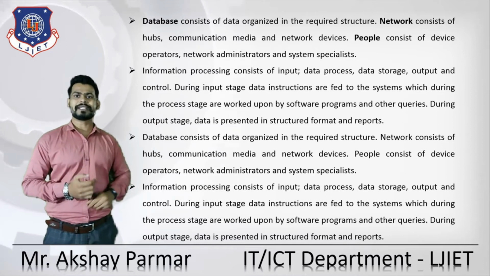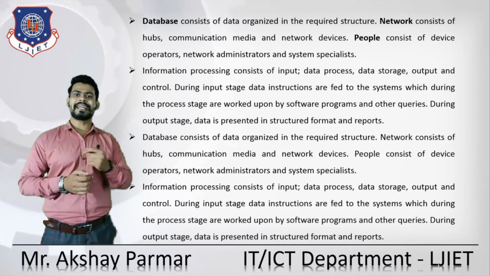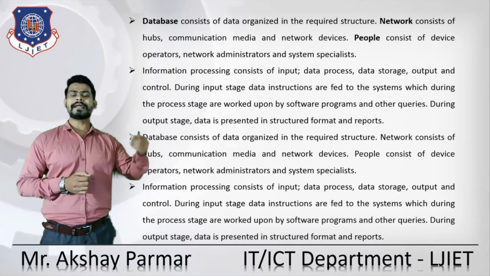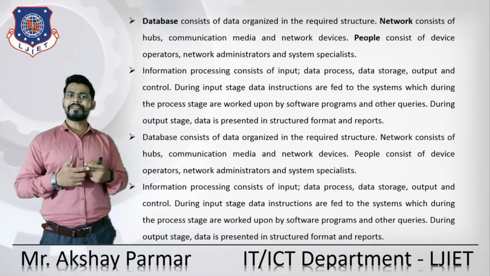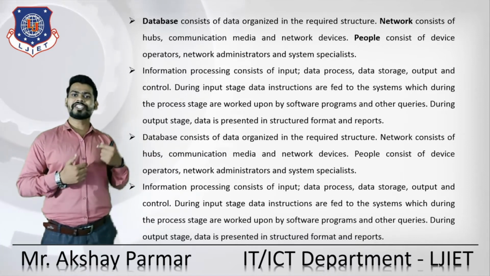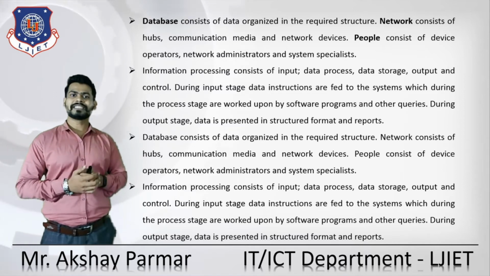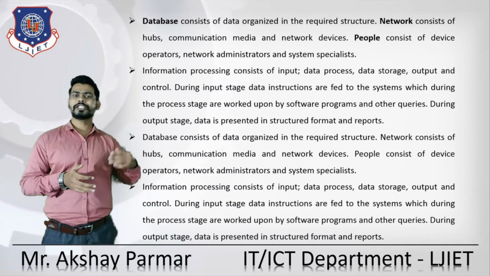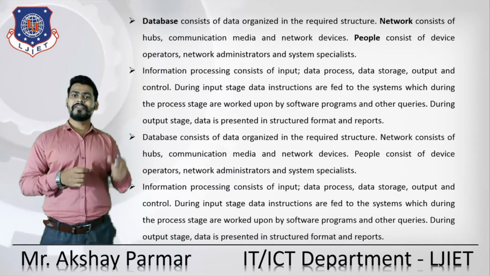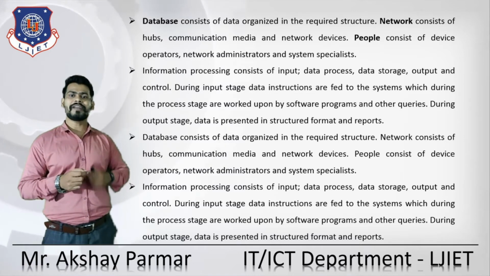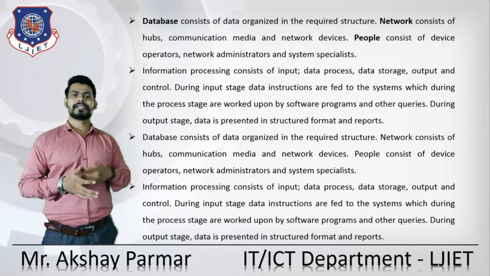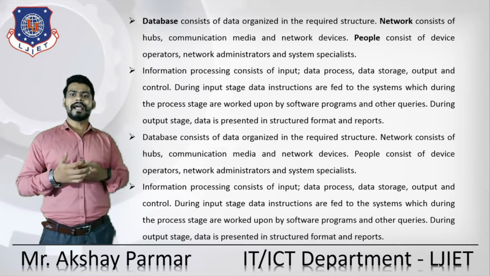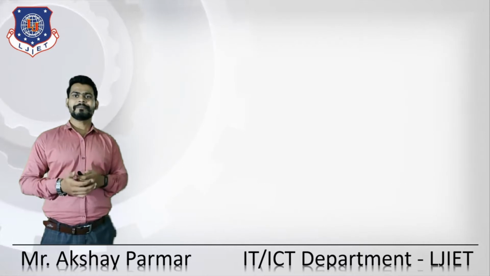The database consists of data organized in a required structure, the network consists of hubs, communication media and network devices, and people consist of device operators, network administrators and system specialists.